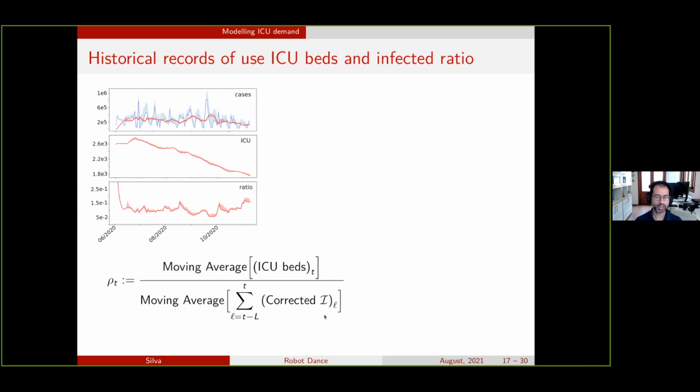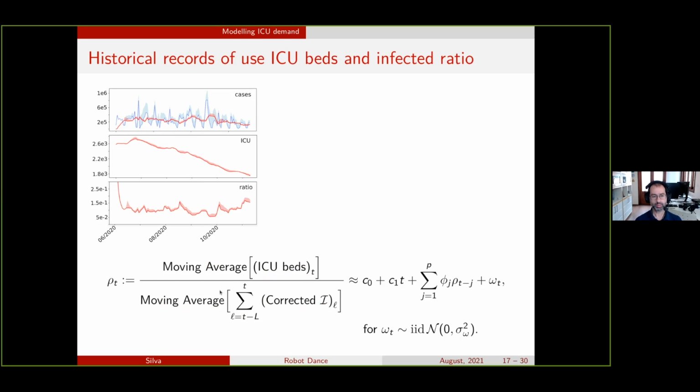So how do you estimate that rho of T? Rho should be basically a ratio between the number of actual ICU units that you are using divided by the average number of infected people that you have. We have to correct the number of infected people because we have subnotification, but we will not talk too much about it.